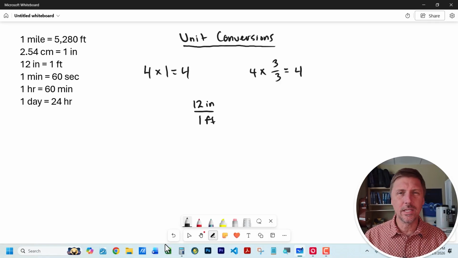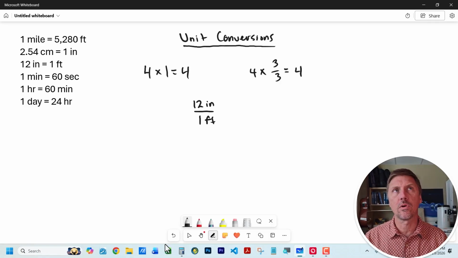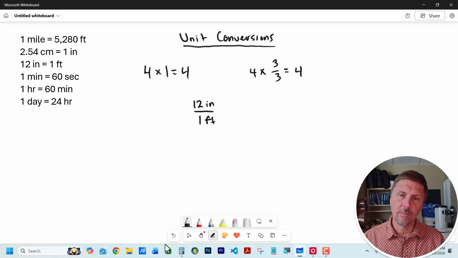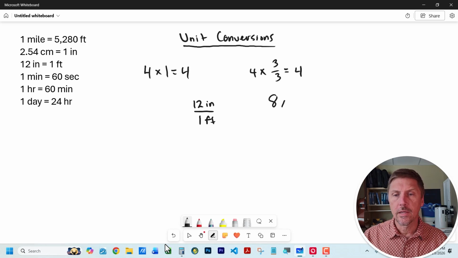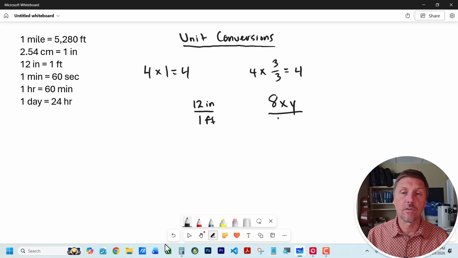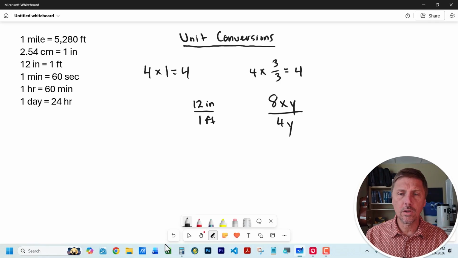So that's why unit conversions work. The other thing to keep in mind is what you learned when working with variables in algebra. If you have something like 8xy, which is just 8 times x times y, and you put that over 4y, because these y values are the same, they cancel out.